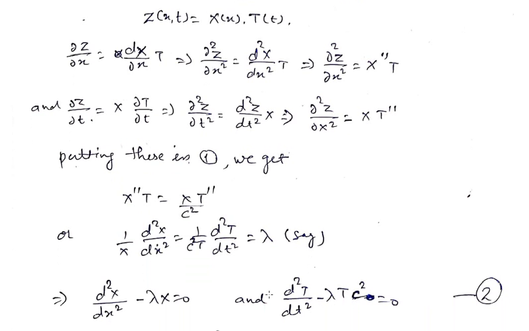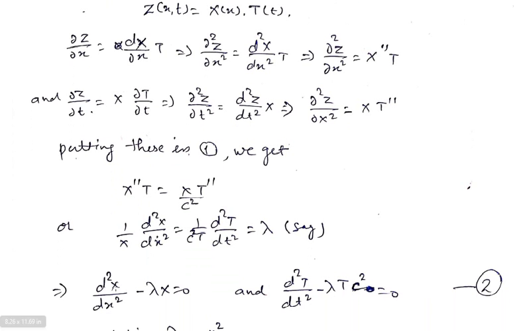Now we use the first and third fractions, we get (1/X) d²X/dx² = lambda, hence we get d²X/dx² − lambda X = 0. And now using the second and third fractions, we get (1/(c² T)) d²T/dt² = lambda. It gives us d²T/dt² − lambda c² T = 0.